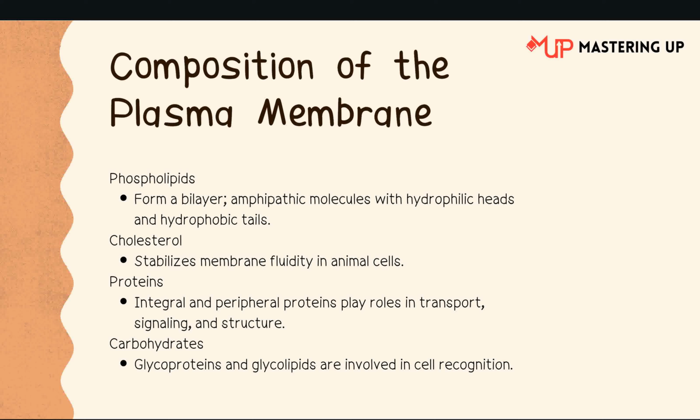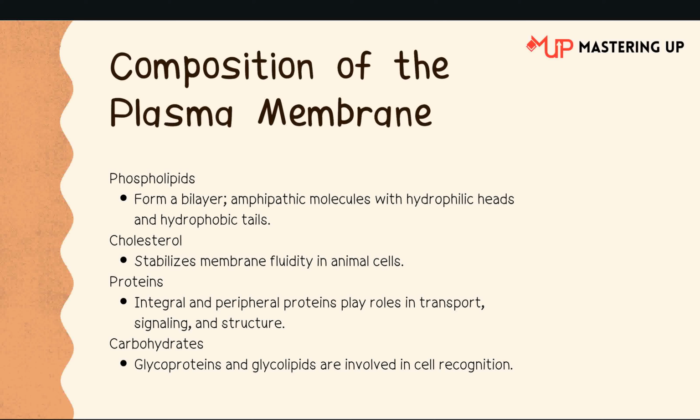The proteins embedded in the membrane serve several functions. Some are integral proteins spanning the entire membrane, while others are peripheral proteins which are located on the surface. These proteins are involved in transport, signaling, cell recognition, and adhesion.